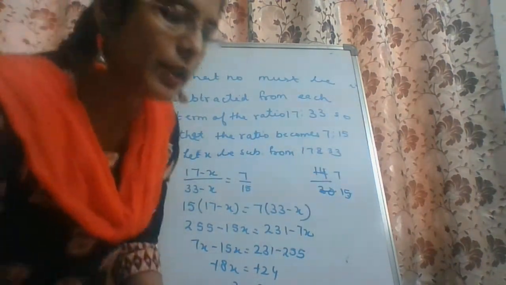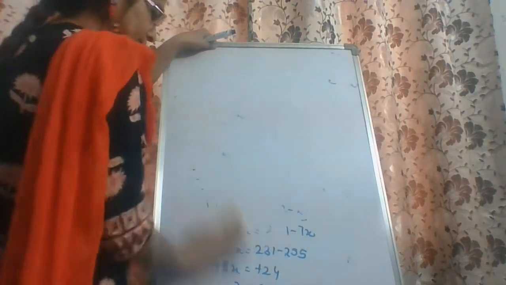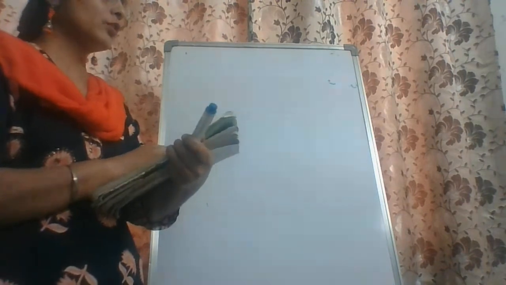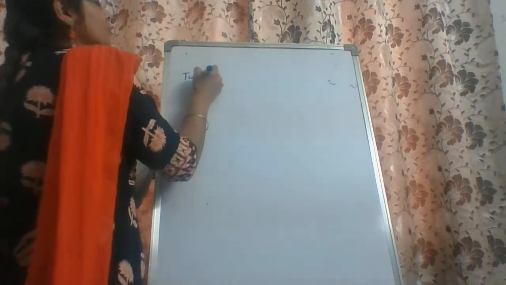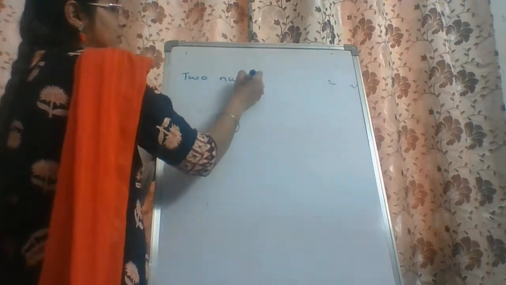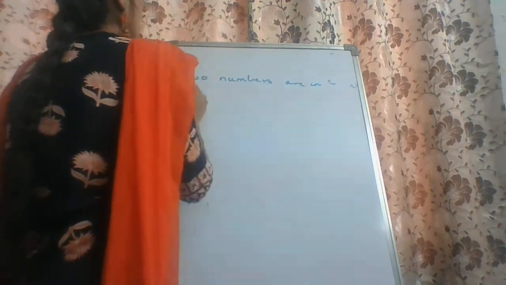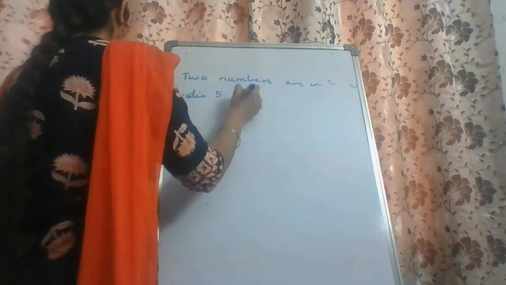Now coming to the next question. Two numbers are in ratio 5:9.